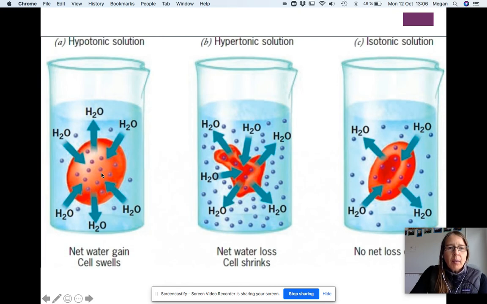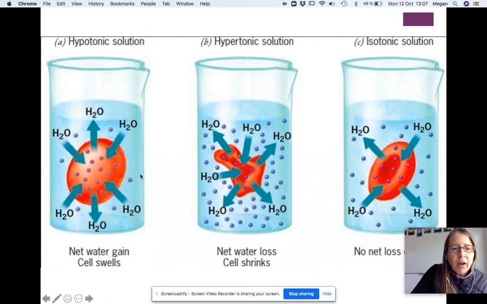We use the words hypo and hypertonic simply as comparative terms. The cell, in this case, is hypertonic to the solution that it's sitting in. It's sitting in a hypotonic solution, meaning it's less concentrated with solute. So: hypertonic cell, hypotonic solution. In this example, we have a hypotonic cell in a hypertonic solution. And in this case, it's an isotonic solution because the concentrations are even to each other.